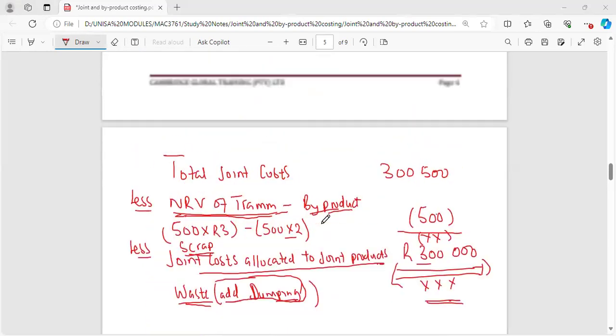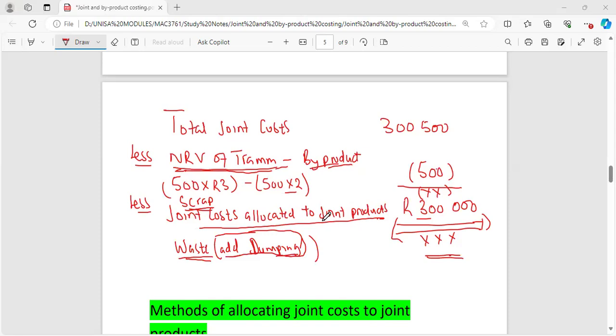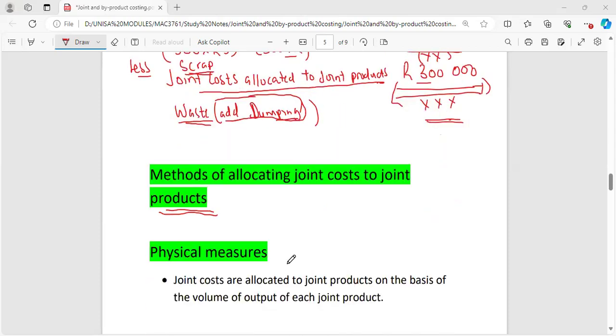We now have our joint cost, and we want to allocate it to joint products. How do we allocate? In your question, you will be provided with the method. So you should always look out for the method in the question. Which method does the question specify as the allocating method?